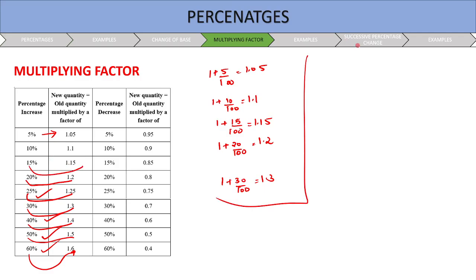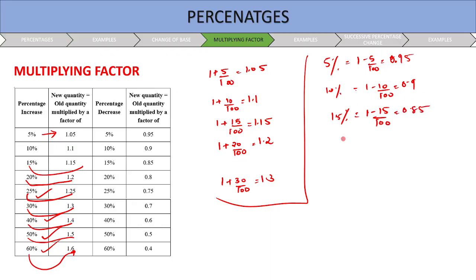Now, if you talk about decrease, 5% decrease will be 1 minus 5 by 100, which is 0.95. 10% will be 1 minus 10 by 100, which is 0.9. 15% will be 1 minus 15 by 100, which is 0.85.